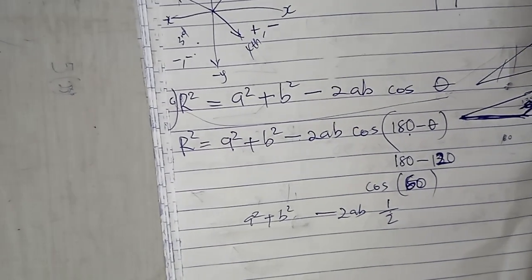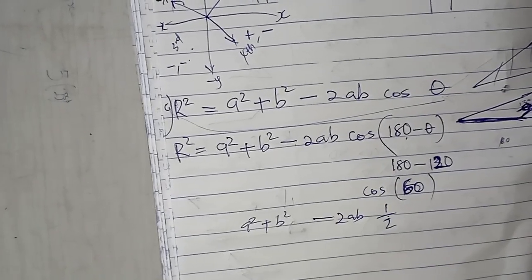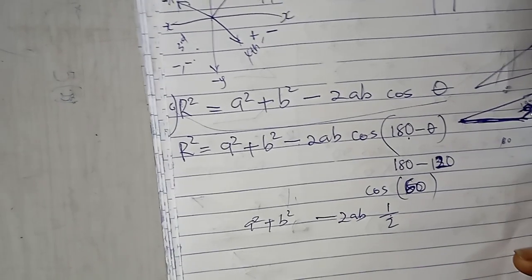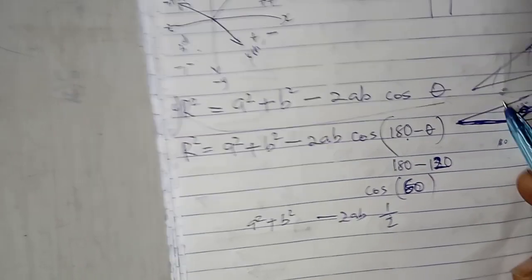So cosine rule and parallelogram rule are the same when you are using the angle opposite the resultant.